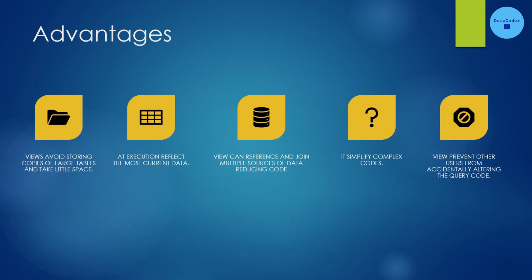The second advantage is that at execution, a view reflects the most current data. Each time we execute the view, we get refreshed data. Next, a view can reference and join multiple sources of data, reducing code. So we can join multiple tables or datasets and create a view.